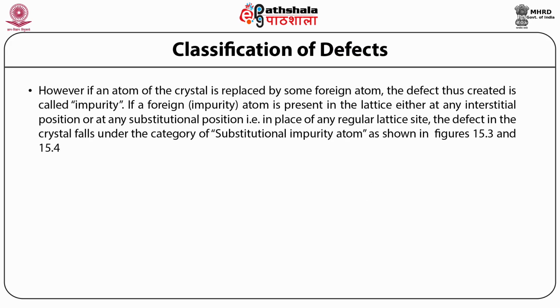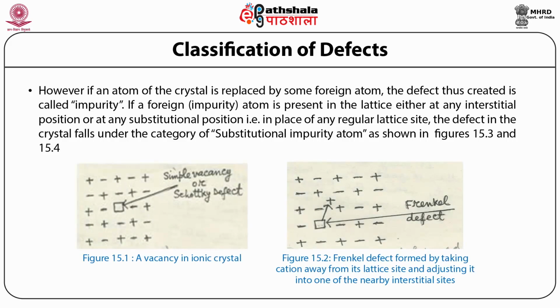However, if an atom of the crystal is replaced by some foreign atom, the defect thus created is called an impurity. A foreign or impurity atom is present in the lattice either at an interstitial position or at a substitutional position, that is, in place of a regular lattice site. This defect falls under the category of substitutional impurity atom, as shown in figures 15.3 and 15.4.